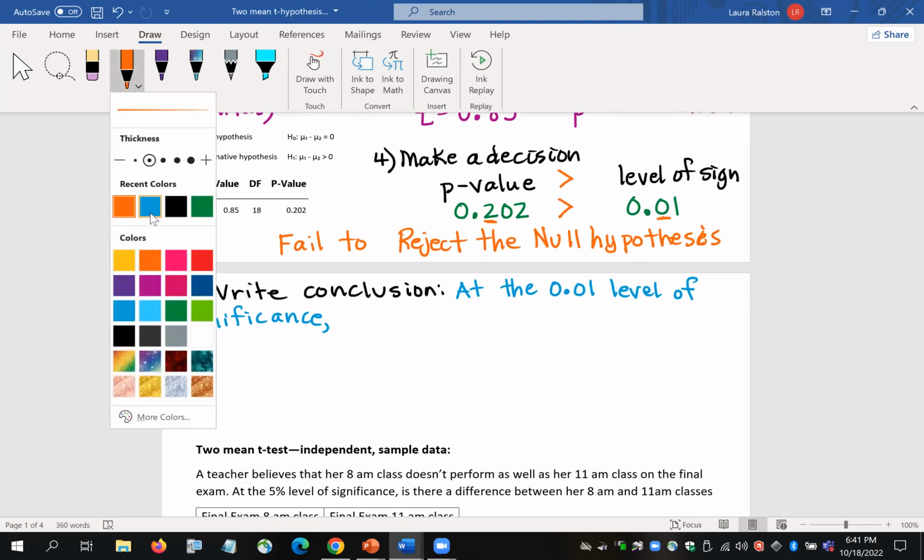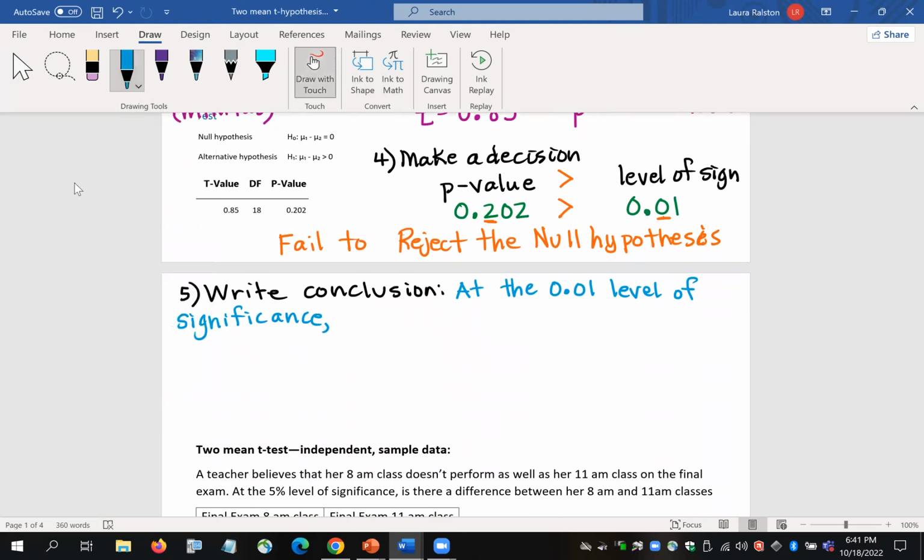Again, when you write your conclusion, you always include the level of significance.